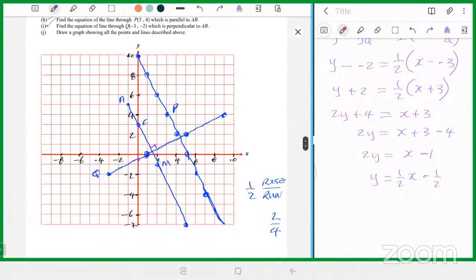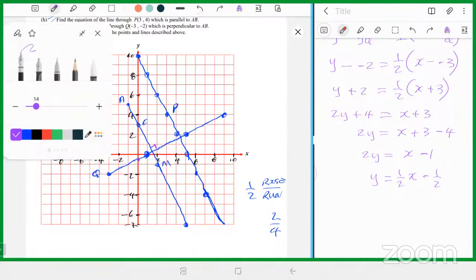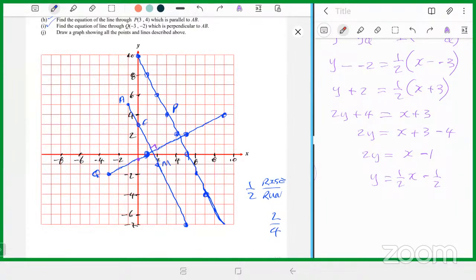That's the diagram. If I want, I can extend this back as well and get additional points down here. I can show you this rise 2, run 4. Instead, I can put it as -2 over -4. It's still equal to a half, still equal to 2/4. So starting here, I can rise -2, run -4.